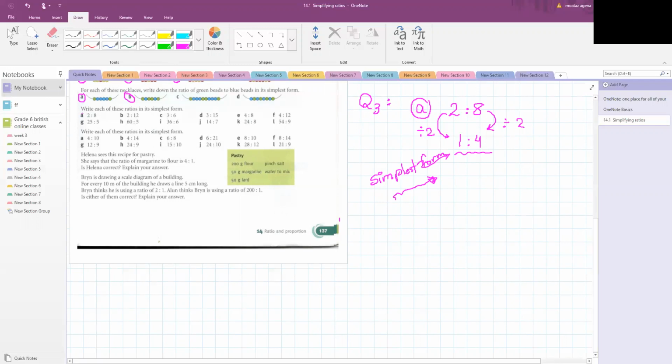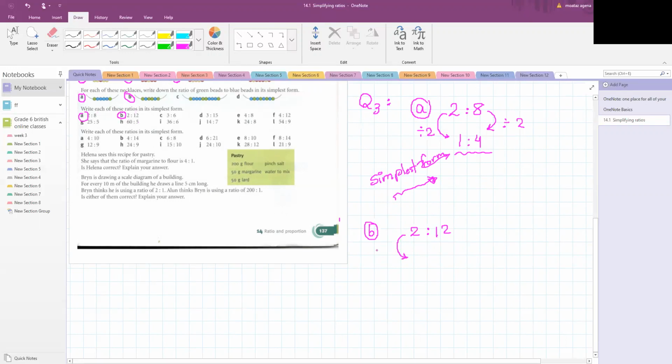Okay, let's take the next letter here, B. 2 to 12. We want to simplify this ratio, so we will divide by the highest common factor. What is the highest common factor between 2 and 12? Yes, it's 2.